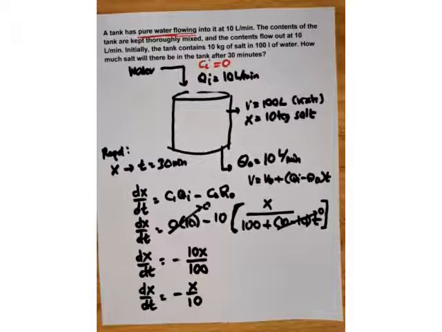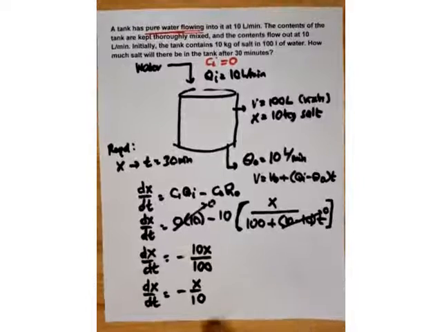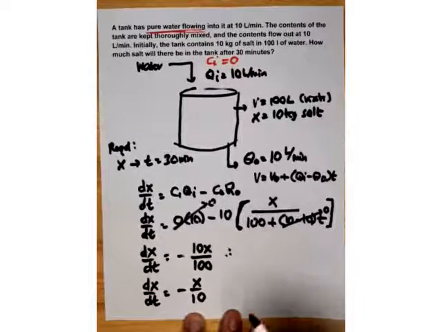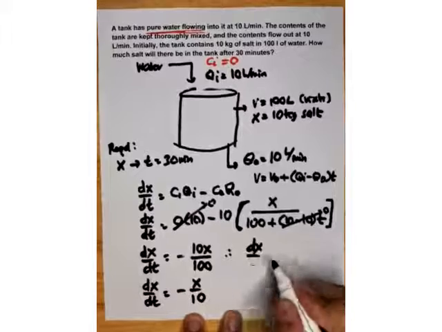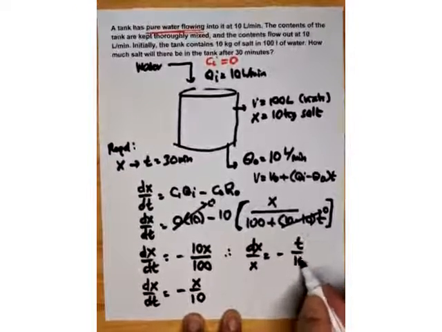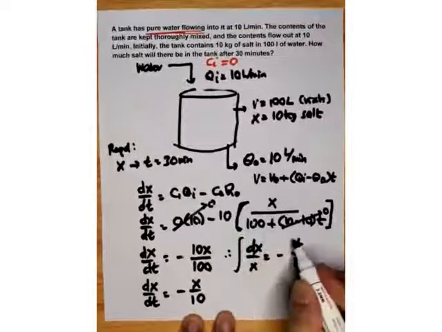Ayan. Mas madali to. So, ano ang method na gagawin natin? So, hindi na natin kailangan mag-linear. So, ito ay purely separable lang. So, yung cross-multiply lang natin. So, therefore, paano ba to? dx over x is equal to negative dt over 10. Then, integrate both sides.